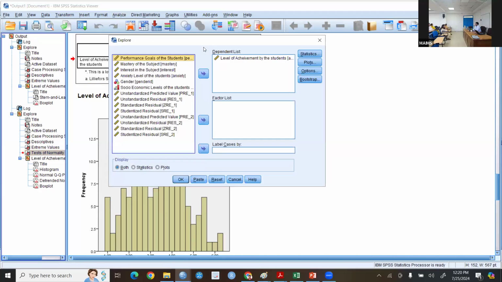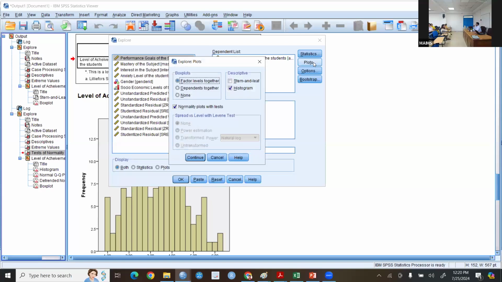And in explore, put all your DVs. You can put all the DVs, and the software will give you results. So the DV is my CGPA, which I am going to determine. CGPA is dependent upon, we have discussed now, right? So go to plots, click on plots and click on histogram and normality plots with tests. Two tests will be there, the KS test and Shapiro-Wilk will come.